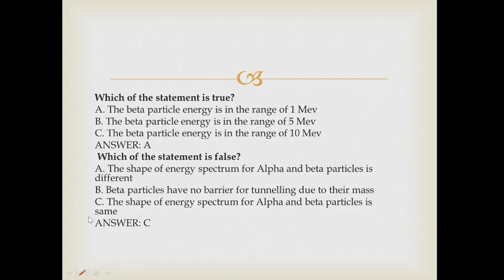Actually the energy spectrum is different for alpha particles and for beta particles. You know that for alpha particles it is almost discrete, it is like this, and for beta particles it is like this. So there are two different graphs. The alpha spectrum is discrete in nature, while the beta spectrum is continuous in nature.